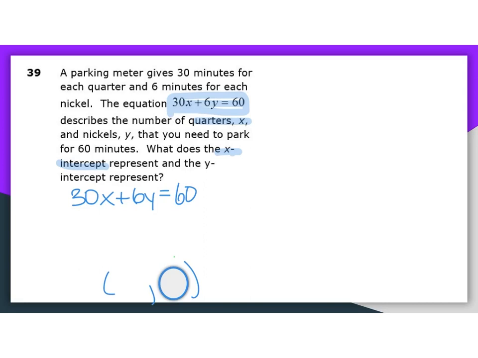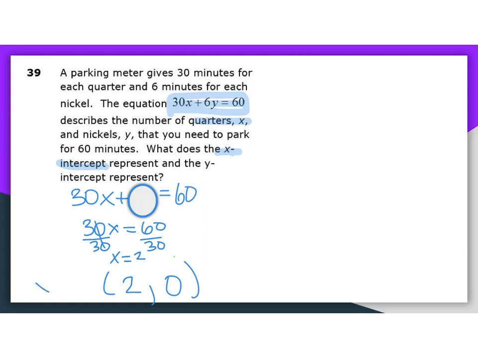And when I do that, I'm left with 30x equals 60. And then when we divide both sides by 30, the 30s will cancel out, leaving us x equals 2. So my x-intercept is (2, 0).